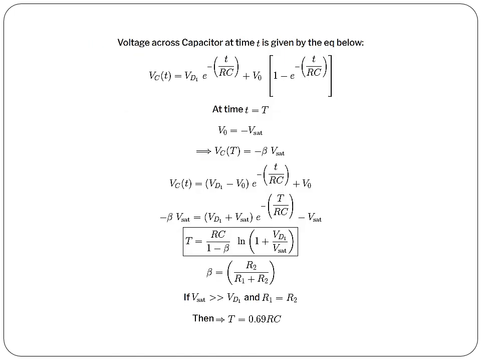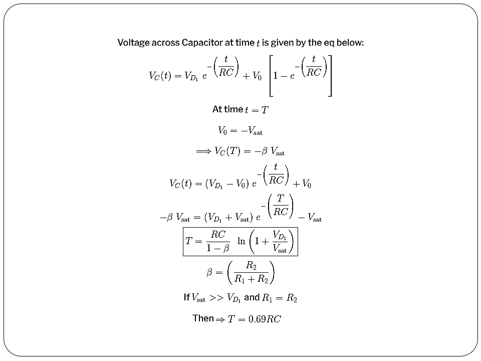Voltage across the capacitor at time t is given by the equation below. Vc(t) is equal to Vd1 e^(-t/RC) plus V0 times (1 minus e^(-t/RC)). At time t equal to T, V0 is equal to minus saturation voltage, so Vc(T) is equal to minus beta saturation voltage.